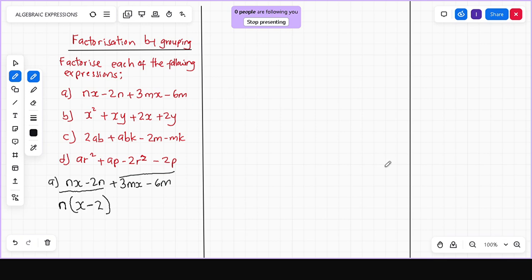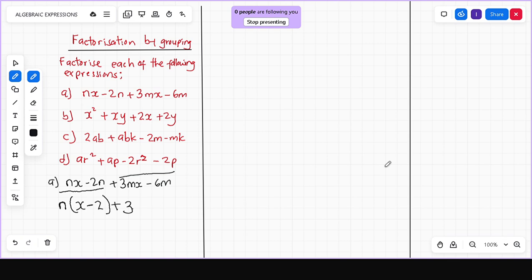Then the second part we have a positive sign. Again, in the second part we determine the common factor. We've got 3mx and 6m. 3 can divide both the first part and the second part, and m is also common in both the third term and the fourth term.